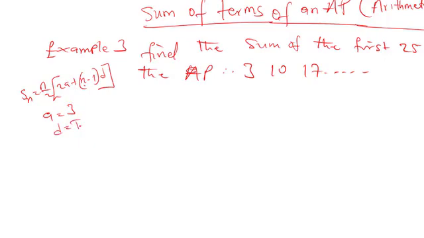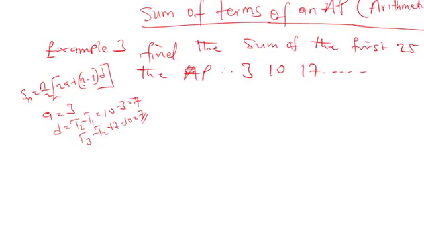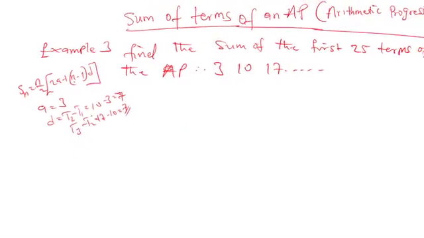It is t2 minus t1, so 10 minus 3, which is 7. You can as well use t3 minus t2, which is 17 minus 10, which is still 7. So a is 3, d is 7.